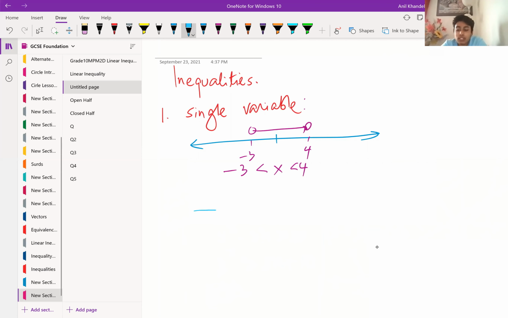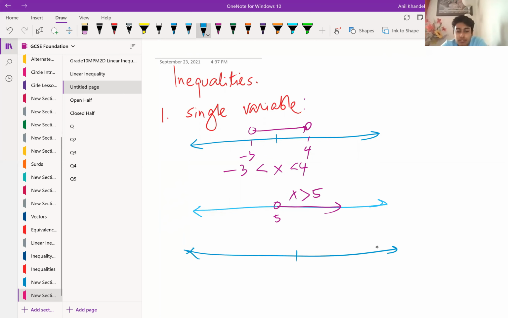If we have a solution of a single variable inequality like this, where this point is, let's say 5, then we are saying that the solution is x greater than 5, right? Okay, sir. On the other hand, if I have a line so that the solution is included and also greater than, let's say this point is 3, right?